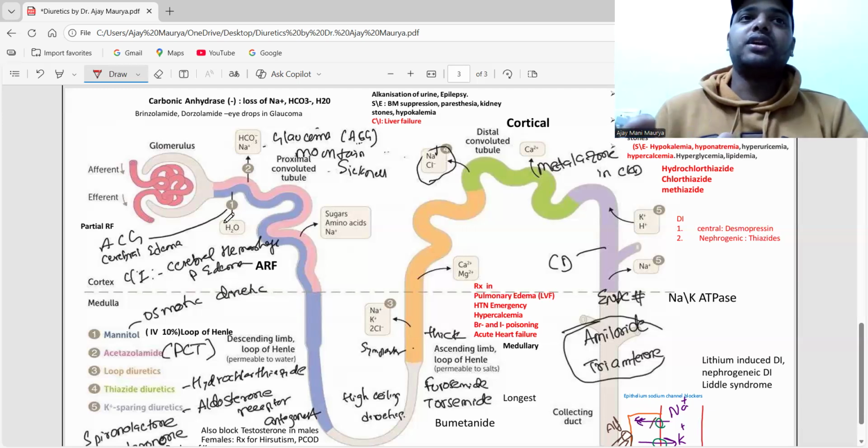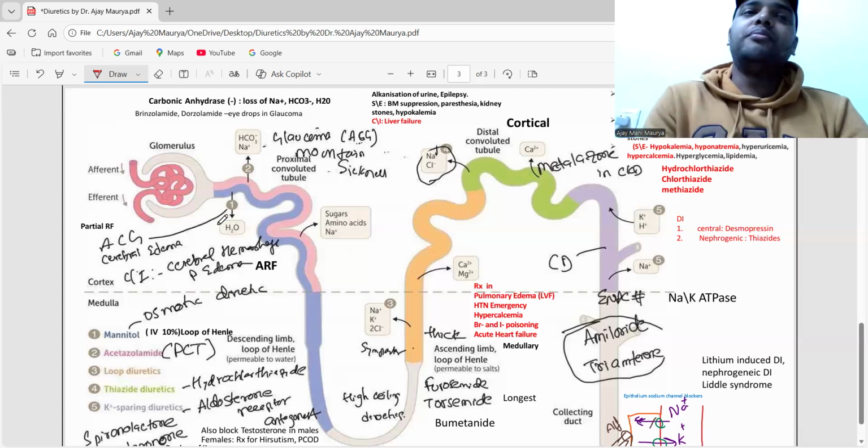One question: what are the uses of mannitol? It is used in the treatment of cerebral edema.